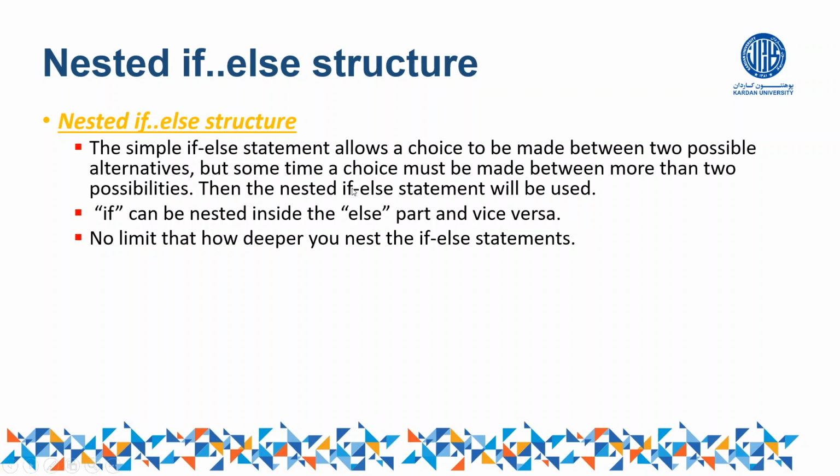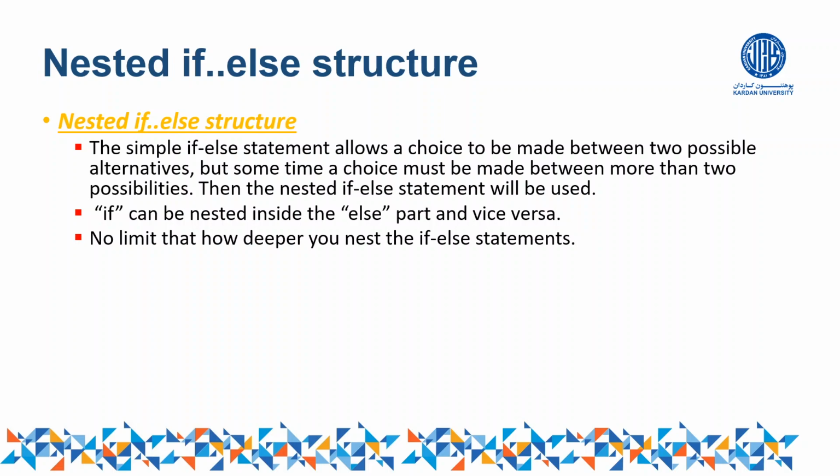But sometimes a choice must be made between more than two possibilities. If there are more than two possibilities, then we can use the nested if-else structure. It is just like, for example, you have some pocket money and you want to choose a particular restaurant. There are multiple restaurants in the city.